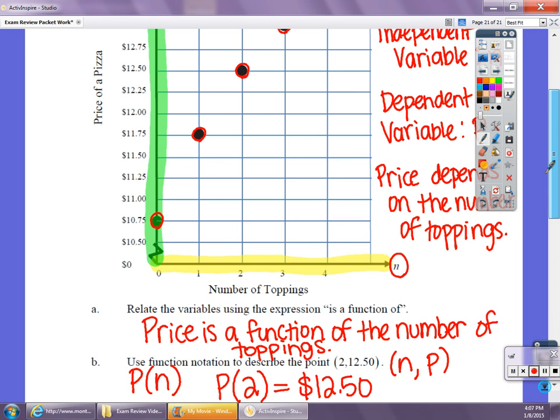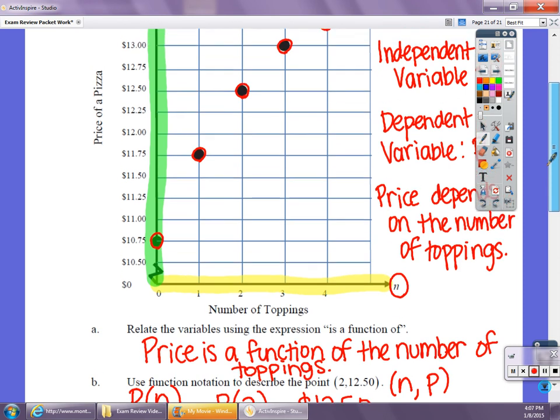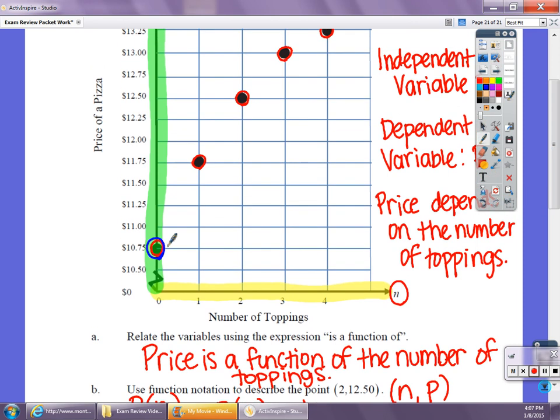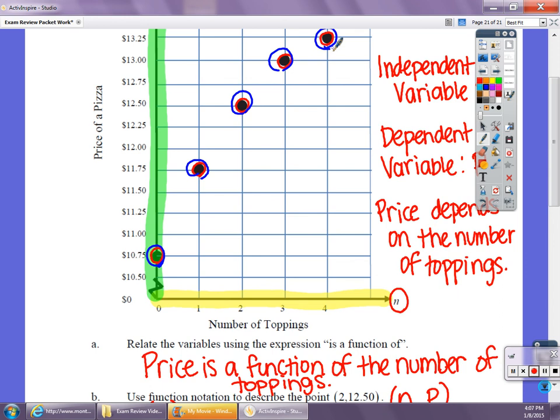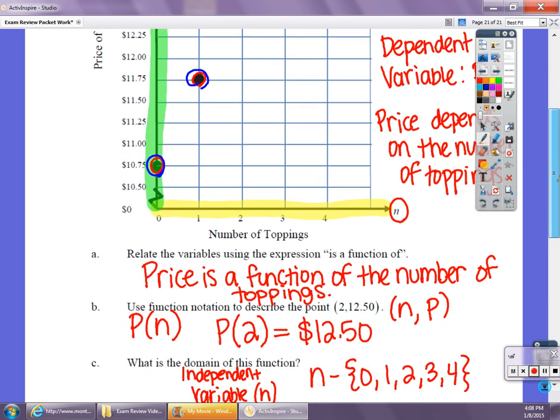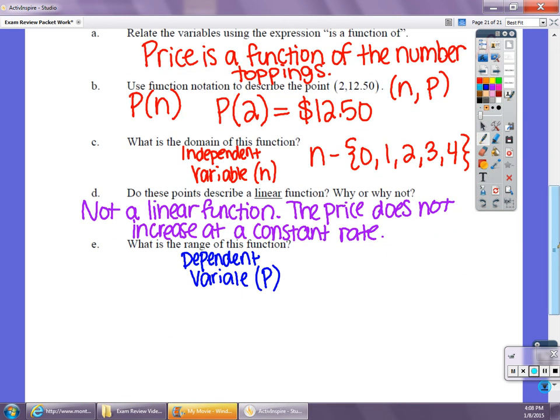Well, $10.75, and then we have $11.75, $12.50, $13, and finally $13.25. And here's the thing about domain and range. They're a team, they're a pair. So my price has to match the number of toppings. I'm going to come up with a price for each of those. So we said at 0, the cost was $10.75.